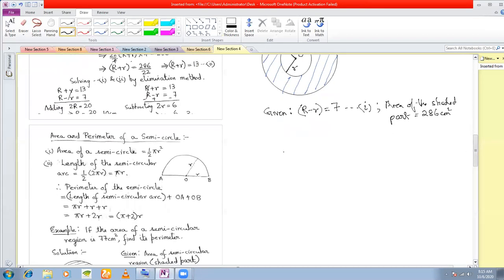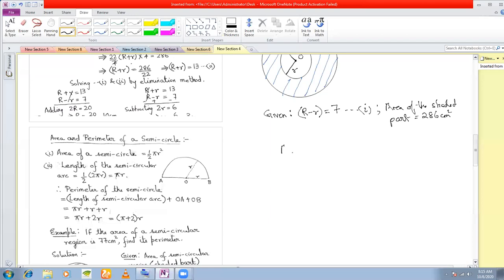So what you do here is we start by saying area of the shaded part is equal to 286 centimeters square. And what is the area of the shaded part? It is pi times capital R square minus small r square, equal to 286. Okay.